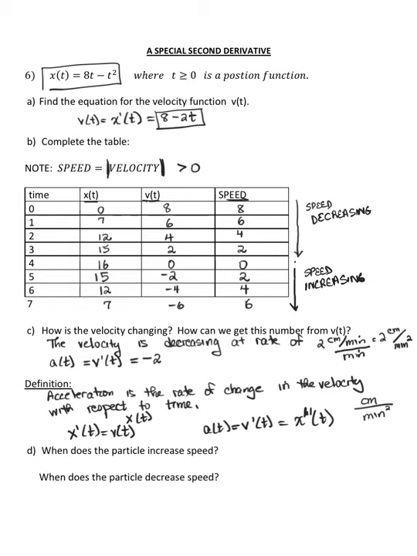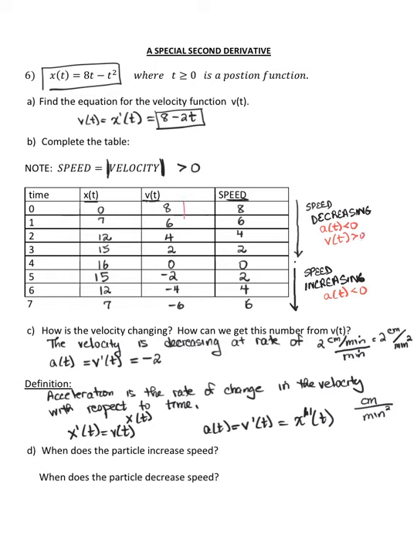And if we take a look at the signs of the acceleration and the velocity, well, the acceleration is always negative because it's -2, right? And the velocity, well, here when the speed was decreasing, the velocity was positive, right?